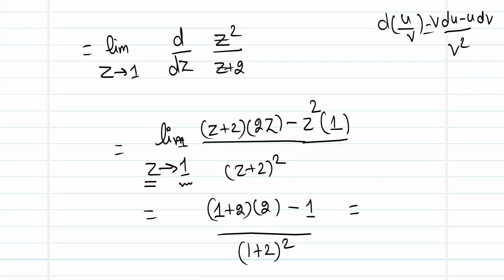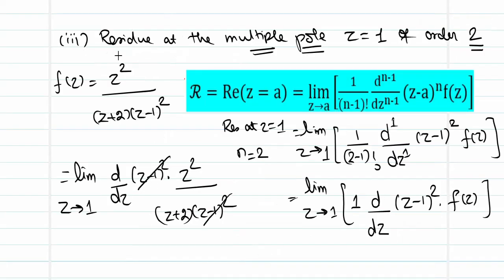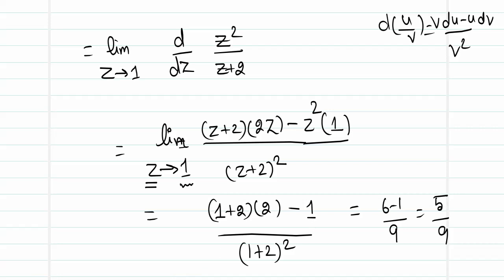So that makes it as 2 plus 1, which is going to be 3. 3 2s are 6. 6 minus 1 divided by 2 plus 1 is 3, 3 the whole square is going to be 9. So this makes it as 5 by 9. So the value of the residue at the multiple pole z is equal to 1 of order 2 is going to be 5 by 9.